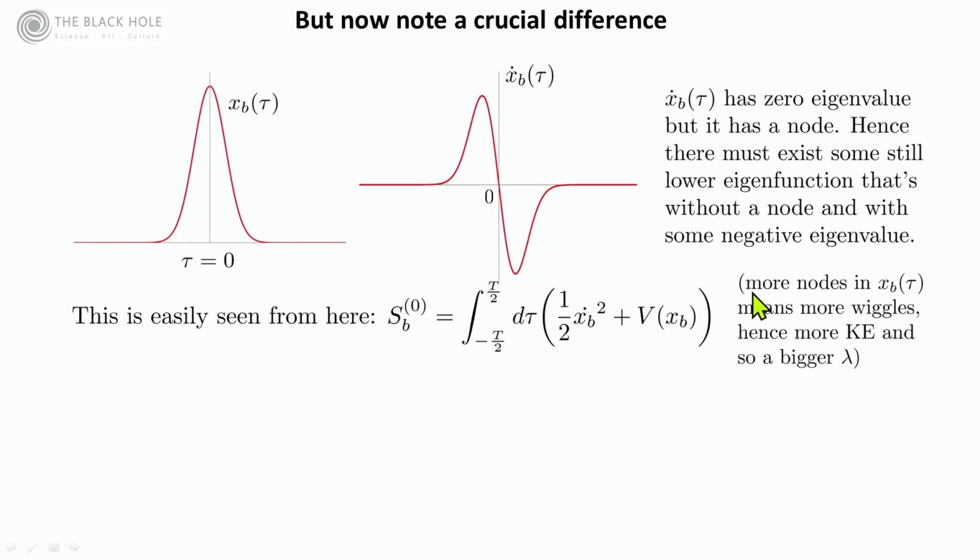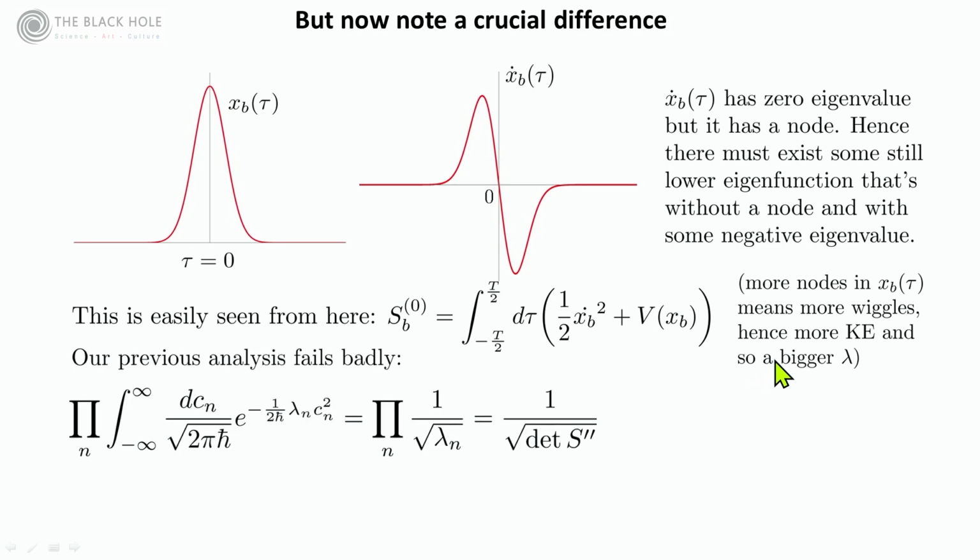So in other words, more nodes in xb means more kinetic energy. xb dot squared is bigger. The sign doesn't matter; it's xb dot squared, and hence there's more kinetic energy. And so that means that there has to be a node which is below the 0 mode. In other words, you've got to have a negative lambda.